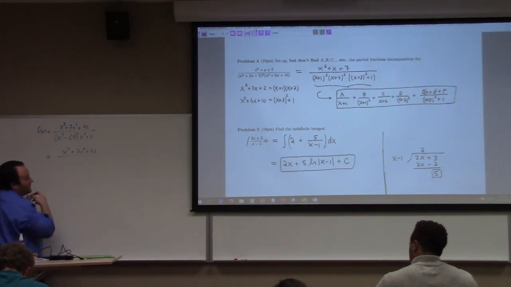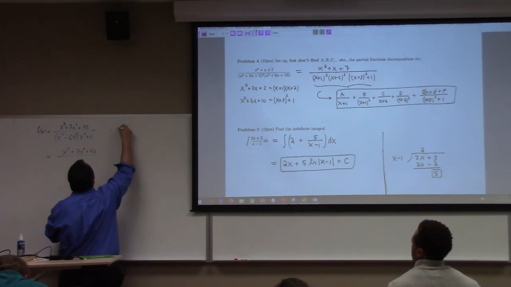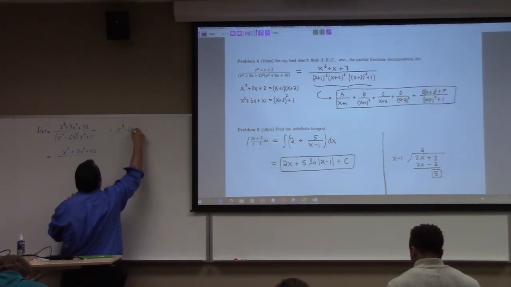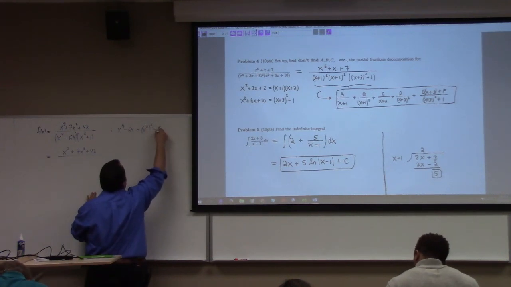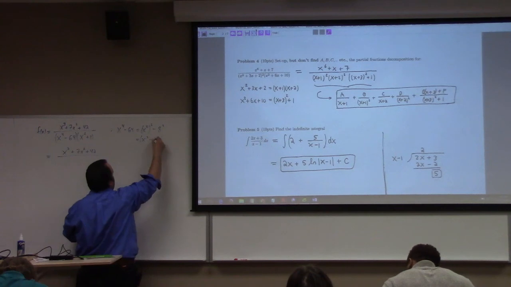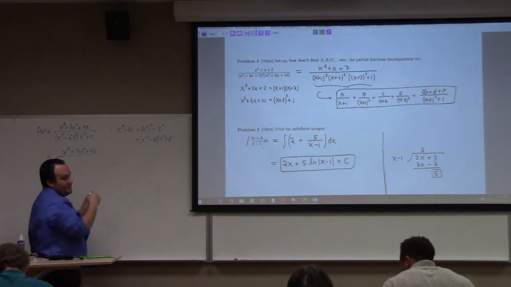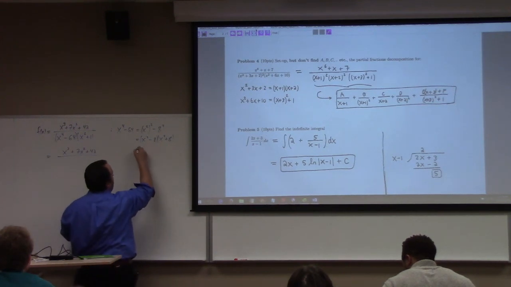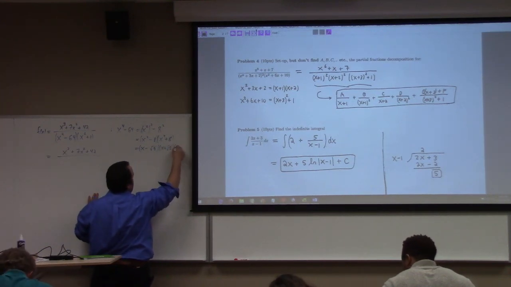So x to the fourth minus 64 is really what? I'm going to work on that over here. Yeah, that's x squared squared minus 8 squared. So it's the difference of perfect squares. So that's x squared minus 8 times x squared plus 8. But this is actually x minus root 8 times x plus root 8 times x squared plus 8.